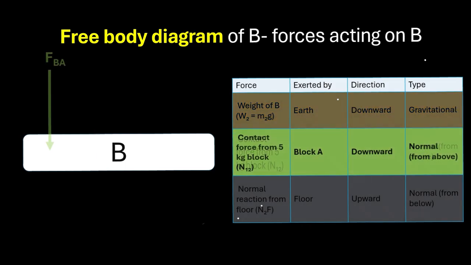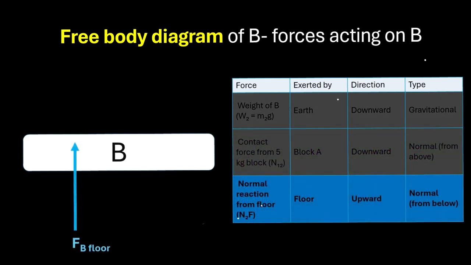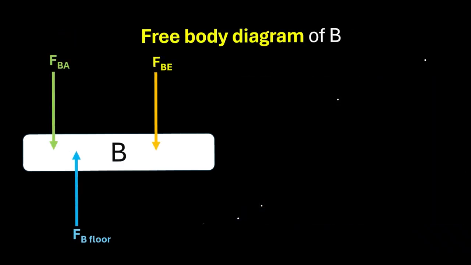Second would be the contact force that is acting on B due to the contact with A. So force on B from A. Third would be the contact force or the normal reaction on the body B due to the floor. So you got three forces here: gravity, from A, and from the floor. Okay.